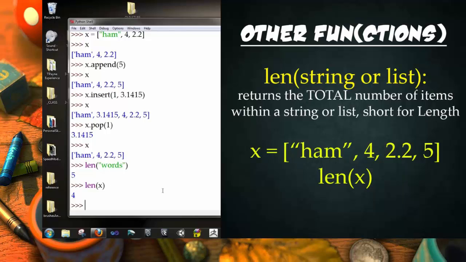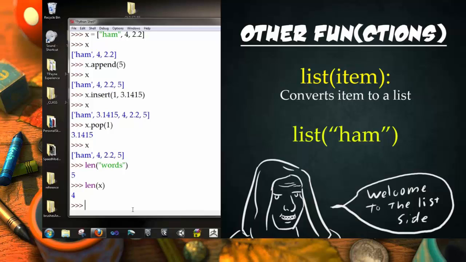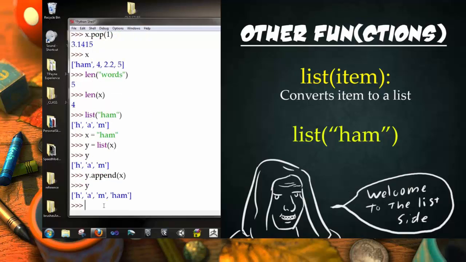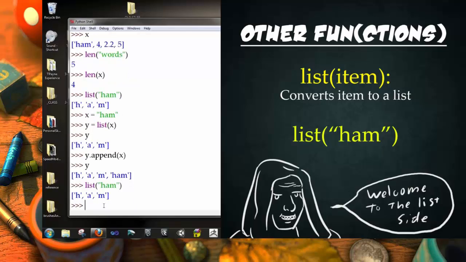All right, great. So just like you could convert an integer or a float into a string, you can also convert stuff into a list form. To use the list function, type in list, open parentheses, and then quotation marks, and then type in ham, and then close the quotation marks and parentheses, enter. And now notice that it'll split it up based on each character of the string.